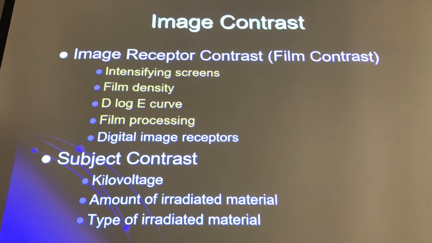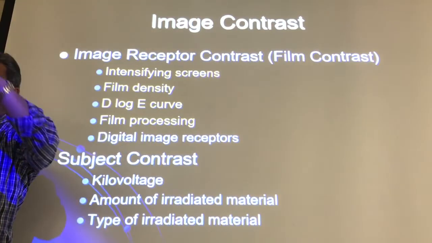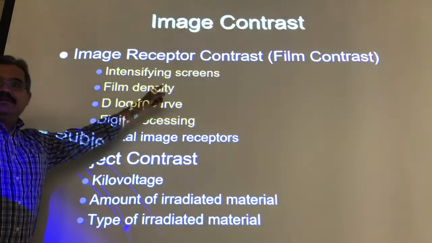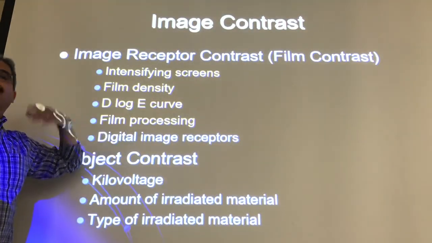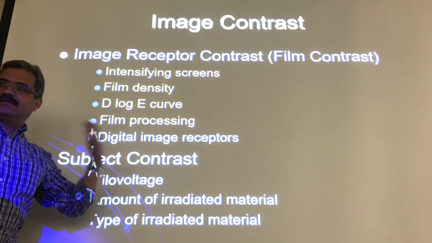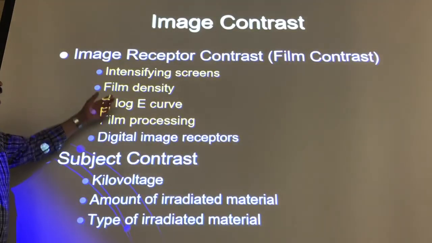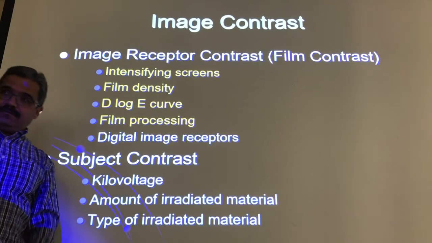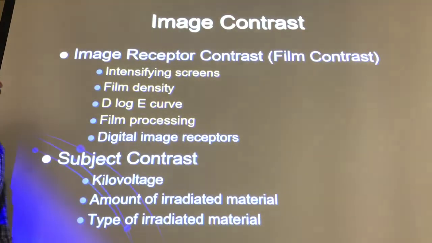Image receptor contrast is influenced by all of this, in addition to kVp. It will be influenced by the intensifying screen. What type of intensifying screen do you have? Is it fast, is it slow? Okay. The film density, so it's the film itself, not the intensifying screen, the film.